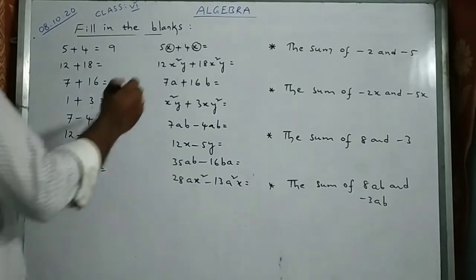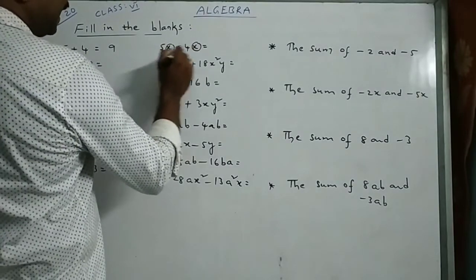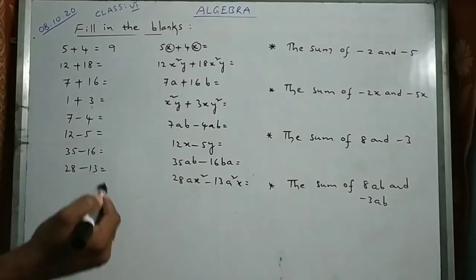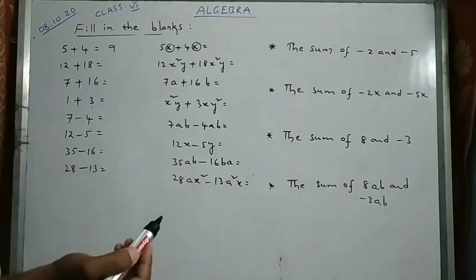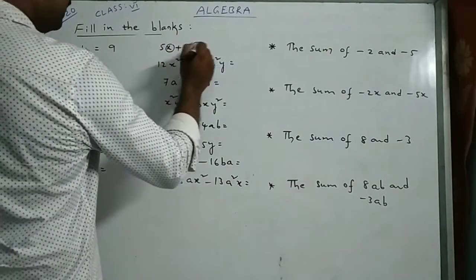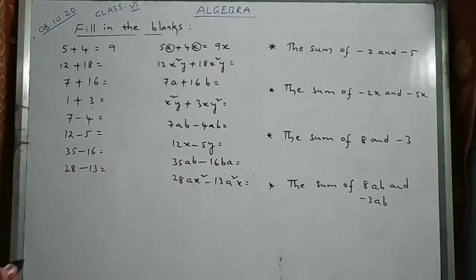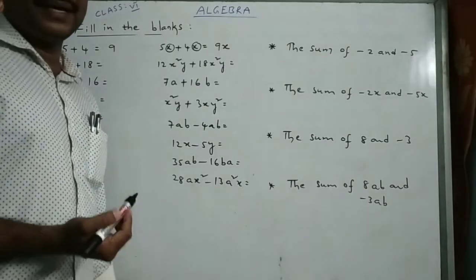So what is the variable here? X. So like terms, right? X, X. When we read, you can understand whether they are like terms or not. So 5x plus 4x can be 9x. We can add them. Like terms can be added.